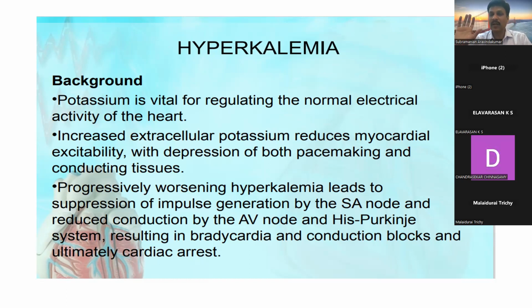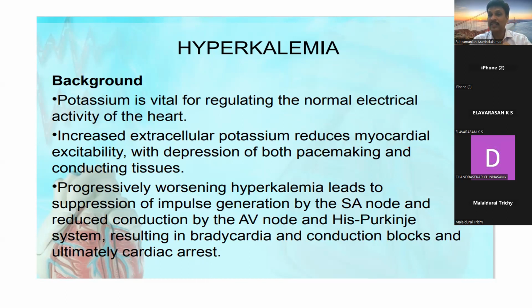Once you give the cardioplegic solution, high concentration potassium, it slowly reduces excitation and suppresses impulse generation by the SA node and reduces conduction in the AV node, resulting in bradycardia, conduction block, and ultimately cardiac arrest.